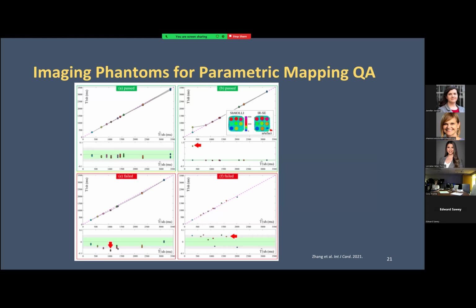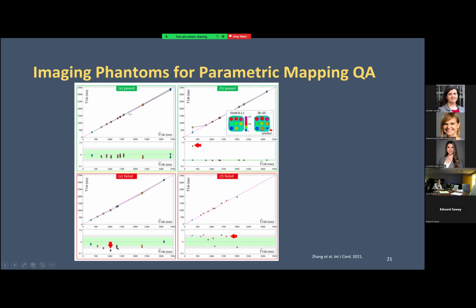And in each panel, the top graph shows the observed MOLLI T1, and the bottom graph has the residuals along the y-axis. So we can see that in a green box here, we have a very nice tight line of the different tubes within the phantom of what was measured versus ground truth.